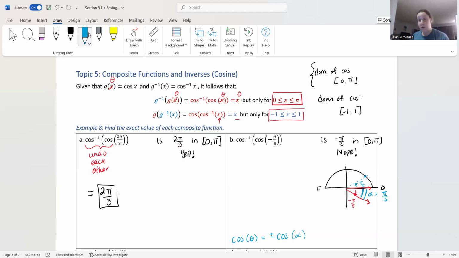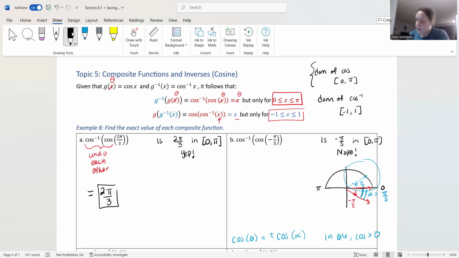So the original angle, negative pi over 5, is in quadrant 4. Well, in quadrant 4, cosine is positive. So that tells me that now I'm looking at this quadrant 1, okay? And that's part of my domain for cosine now, okay?